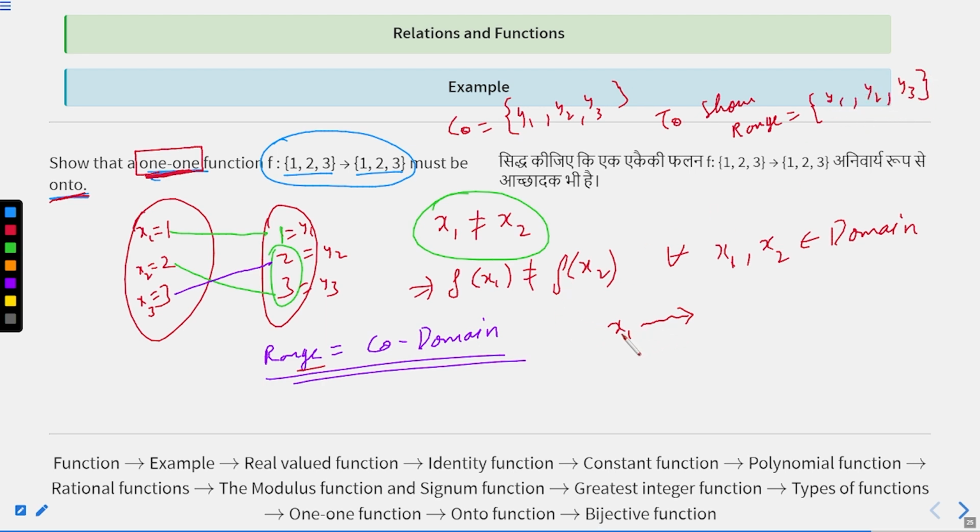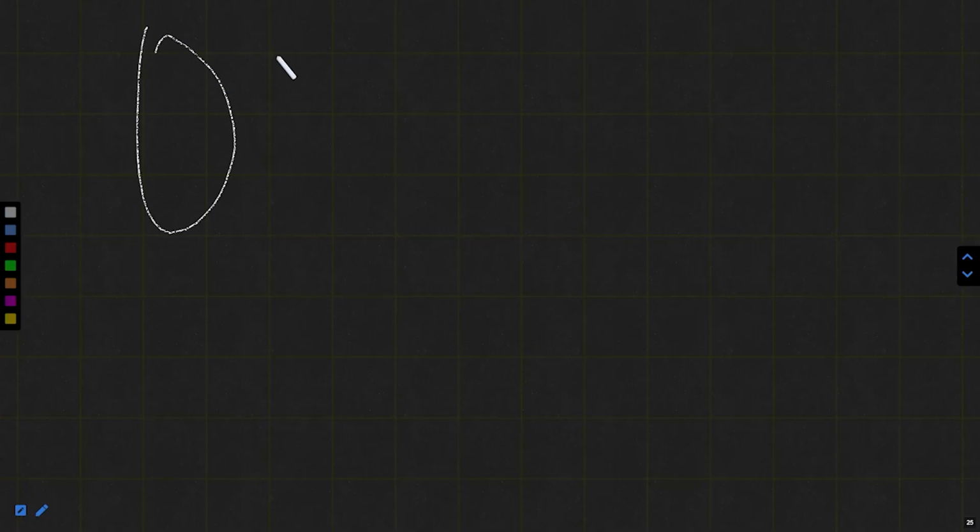So if x1 is related to f(x1), then this element I am calling y1. So pictorially, let me draw over here.